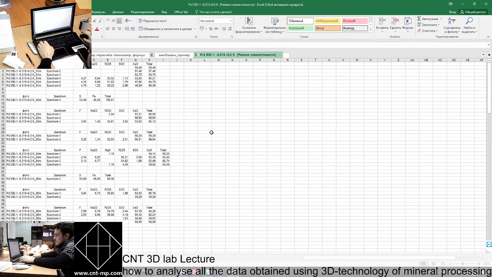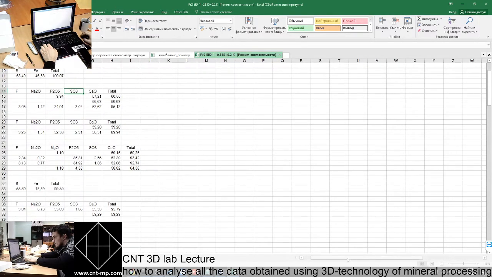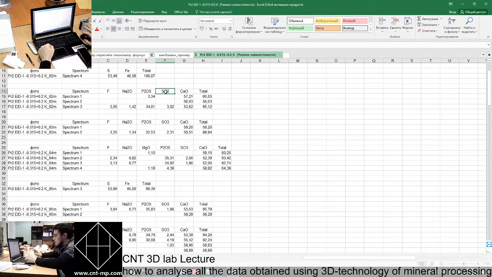Yeah, that's what I mean when we analyze more than 100 grains, more than 1,000 such tables. And the trouble is that sometimes they are analyzed in element form, sometimes they are analyzed in oxidized form, and this is really hard.